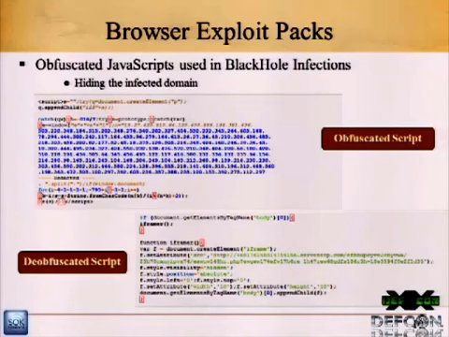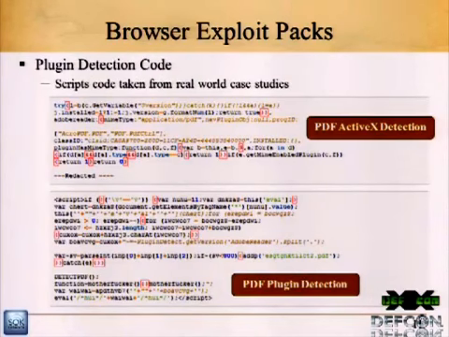When we de-obfuscate that obfuscated code, it gets into this iframe, which is rendered dynamically in the code. That gives you an idea of how browser exploit packs are used with obfuscated iframes, and how they fingerprint your browser version and the kind of plugins you are using. These are also typical scripts, rendered dynamically.